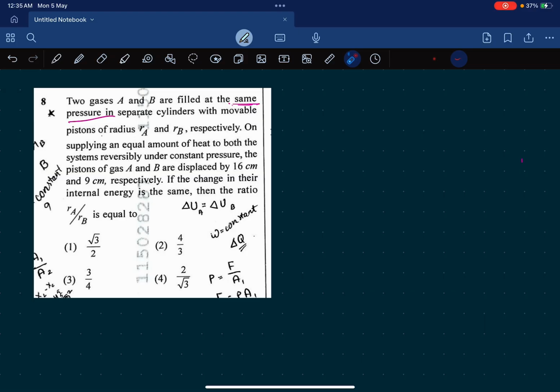Now if the changes in their internal energies are the same, then what is the ratio of the radii?